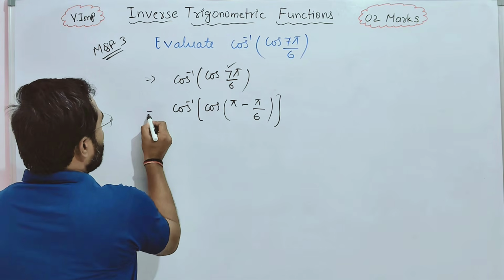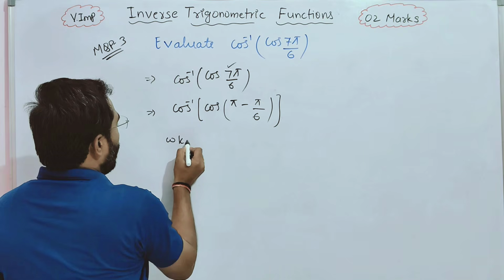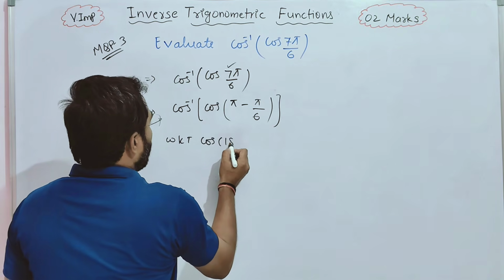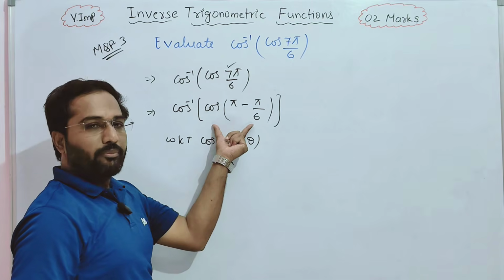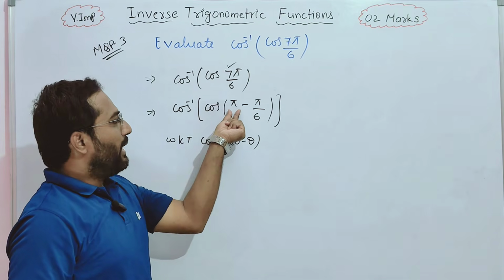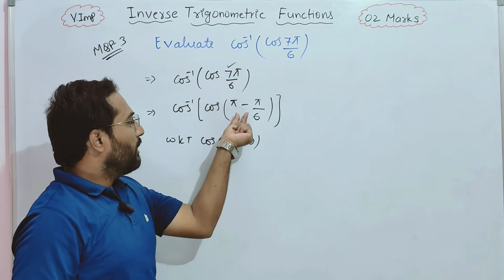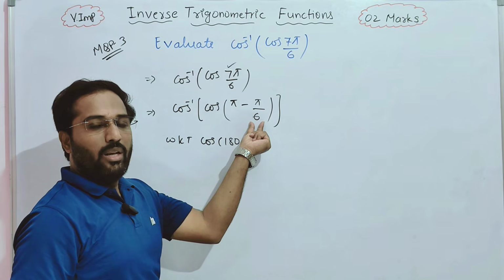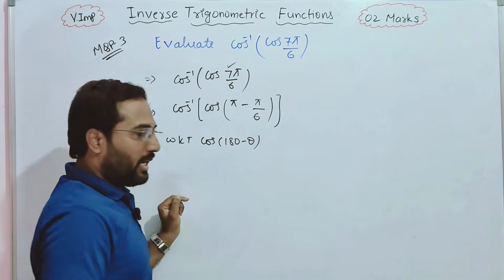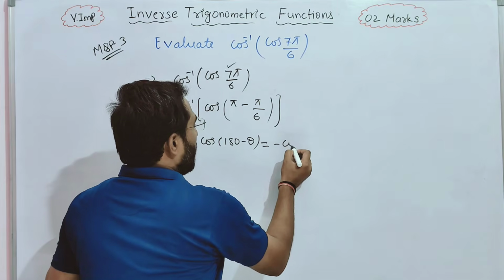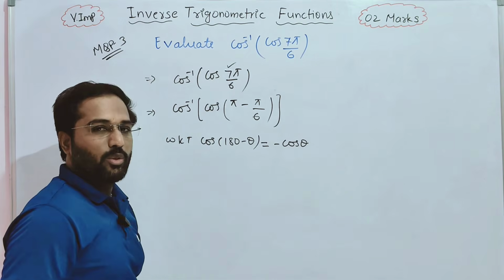Now this becomes, we know that cos of 180 minus theta. So this is of the form cos function, pi value already you know, pi is 180 degree minus any other value will be theta. Cos 180 minus theta is in the second quadrant. In the second quadrant it is negative, so we'll write it as minus cos theta.